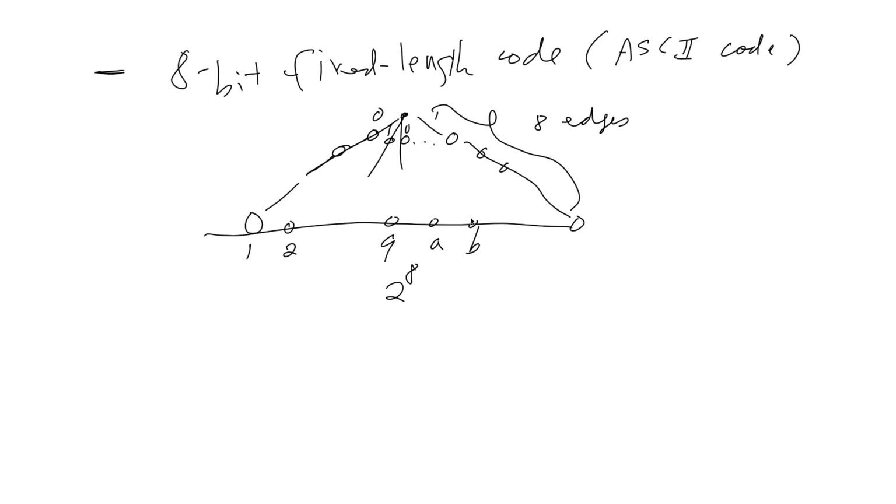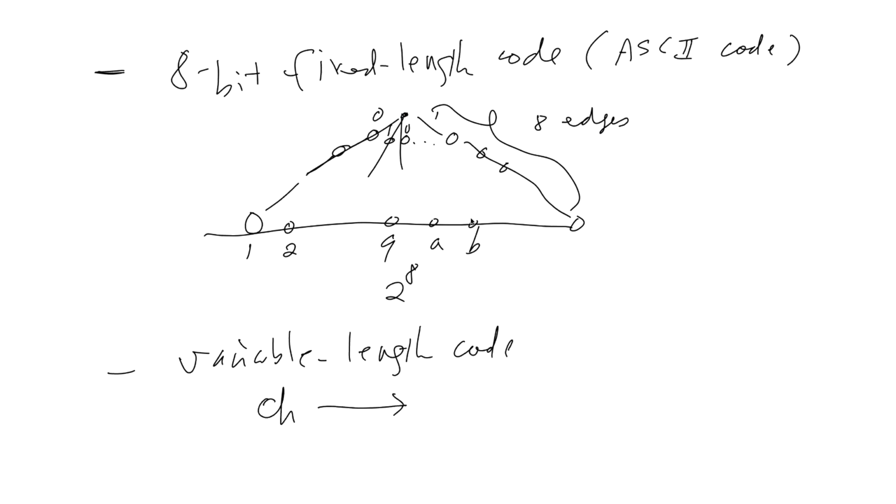Now for the variable length code. For our encoding part, for any character, you can just say, I'm going to use a particular binary code to represent it.